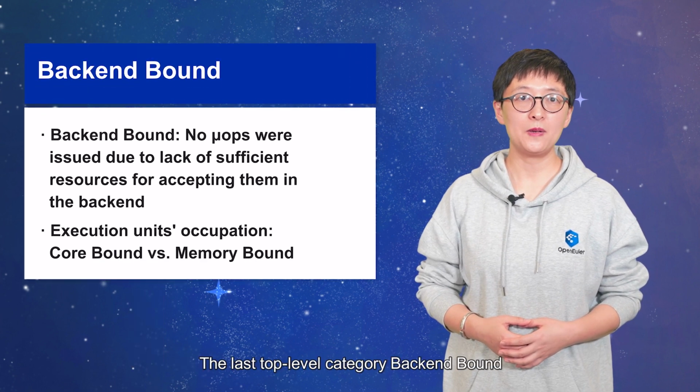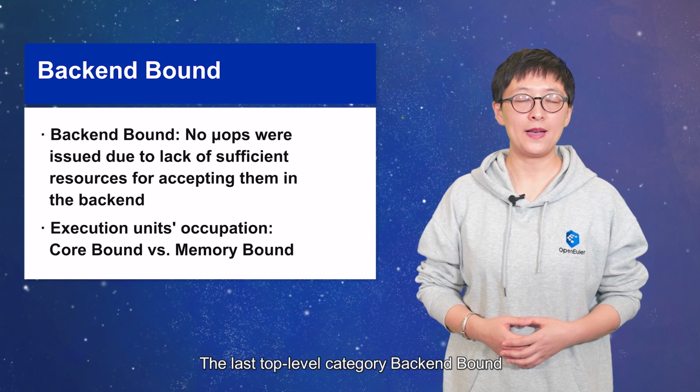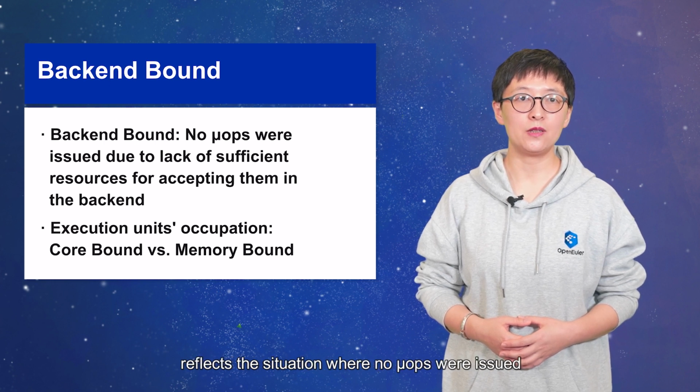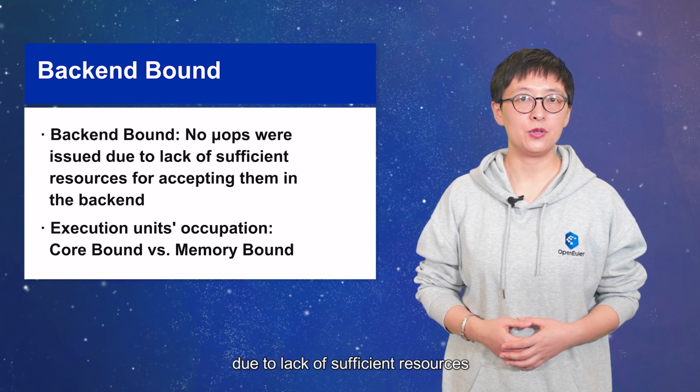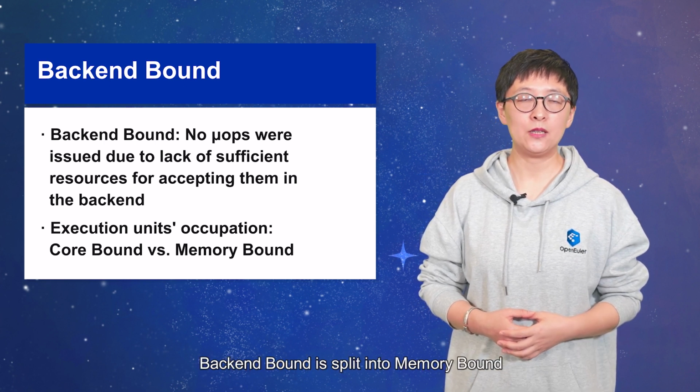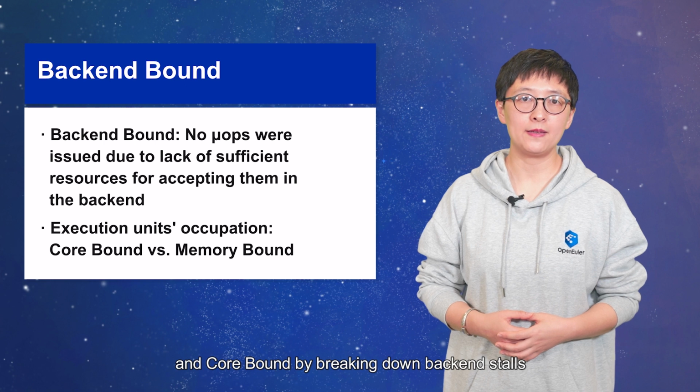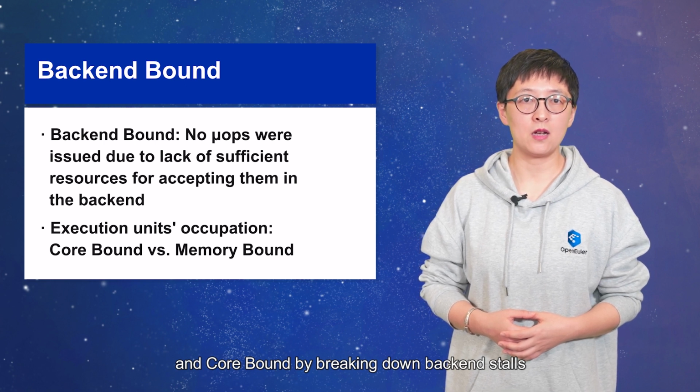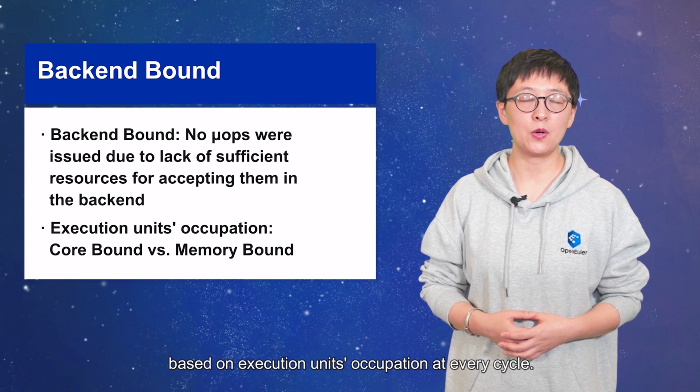The last top-level category, back-end bound, reflects the situation where no microoperations were issued due to lack of sufficient resources for accepting them in the back-end. Back-end bound is split into memory bound and core bound by breaking down back-end stalls based on execution unit's occupation at every cycle.